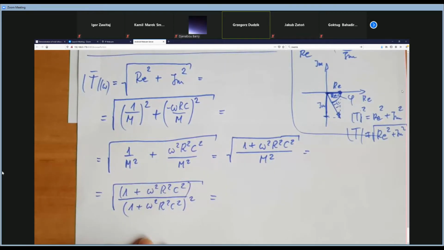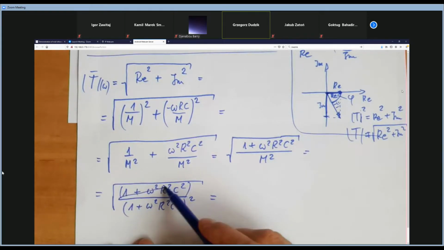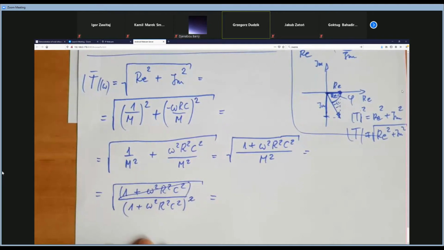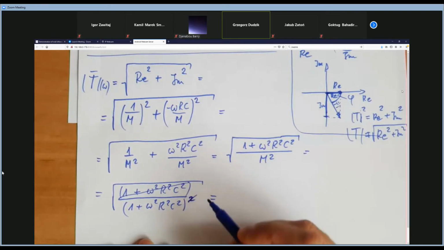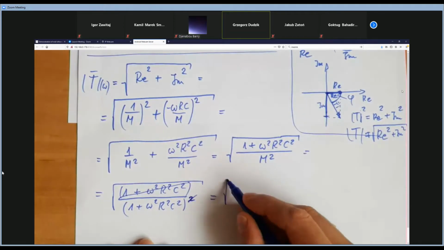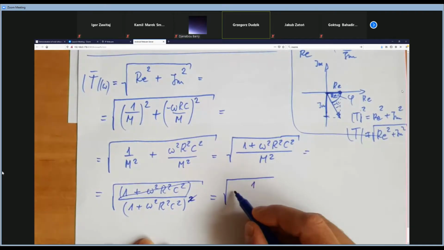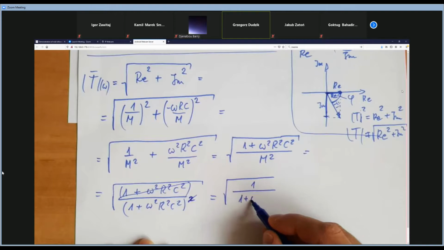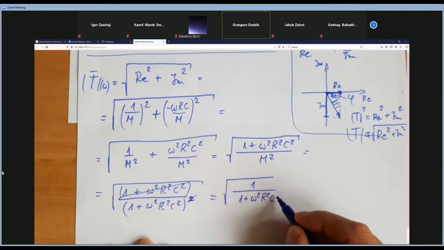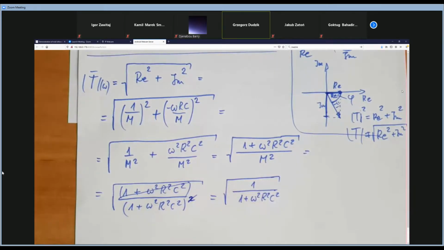So this expression can be reduced with the power of 2 here. So what we've got is the square root of 1 over 1 plus omega squared r squared c squared. Do you see it?